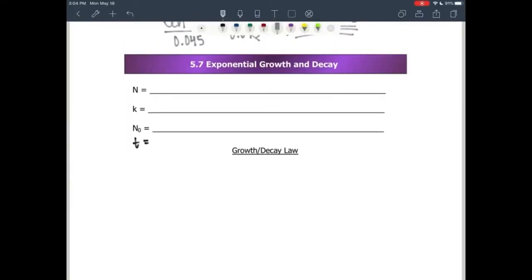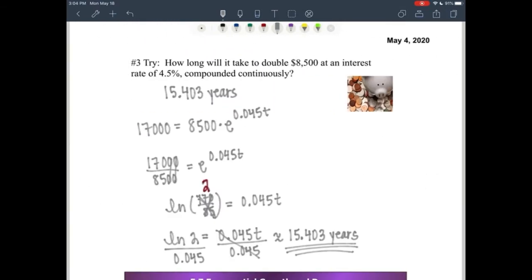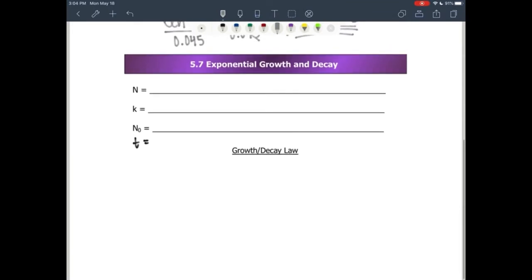Now that we've worked with compound interest formulas, we're going to expand and go into exponential growth and decay type problems that use very similar formulas. So we have the growth and decay law: N equals N naught, or N sub 0, times e raised to the kt power.